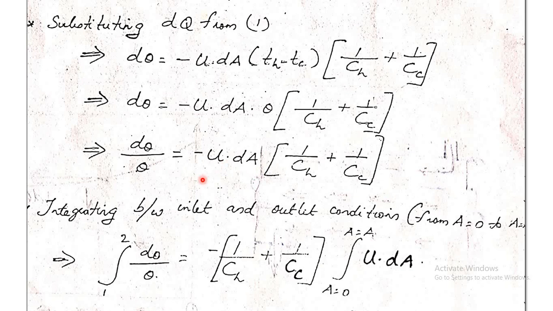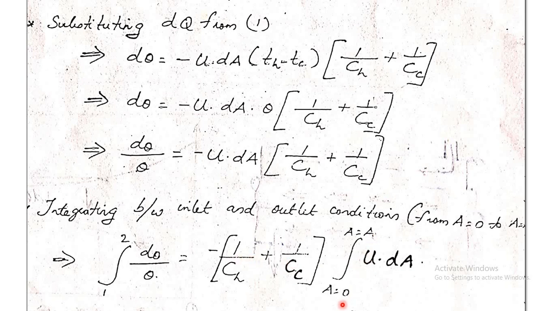Now here apply the limits, 1 to 2, inlet to outlet. d theta by theta is equal to minus (1 by CH plus 1 by Cc) U dA. Since 1 by CH plus 1 by Cc is constant and U is also constant, take them outside the integration.